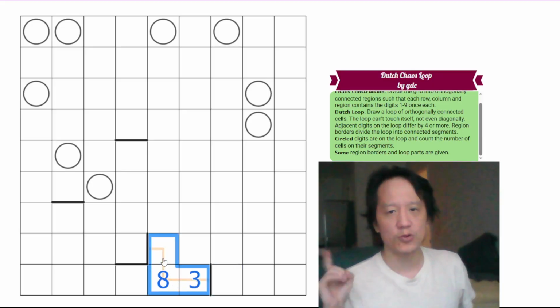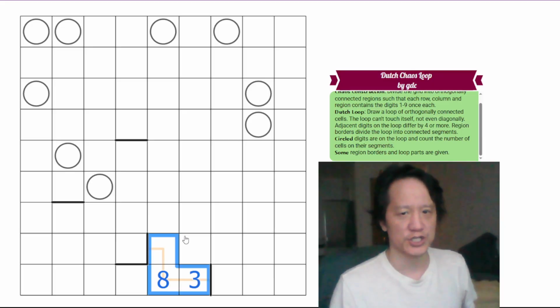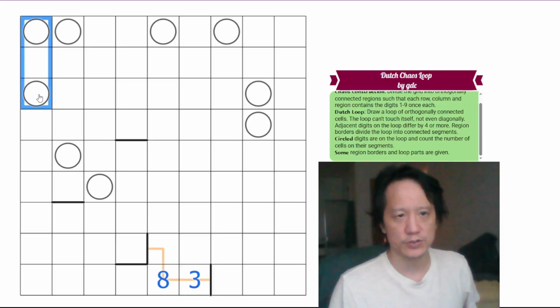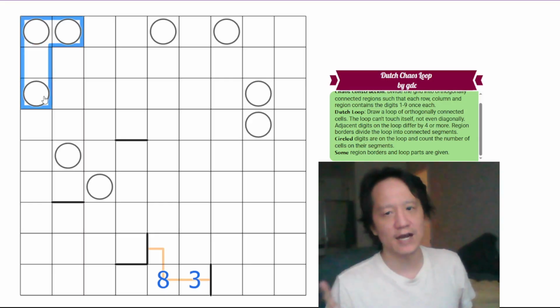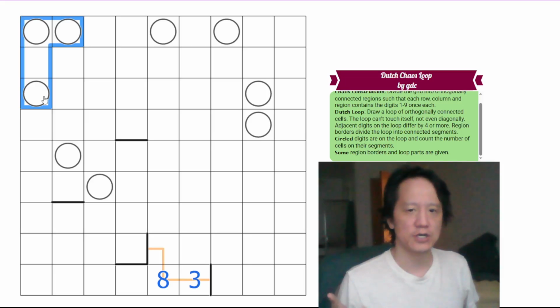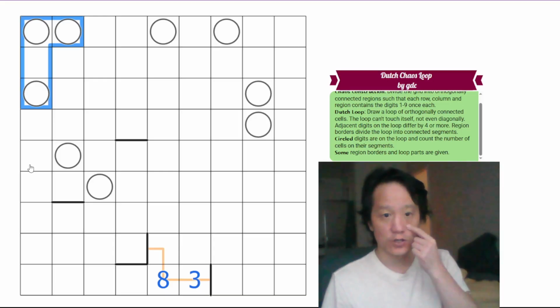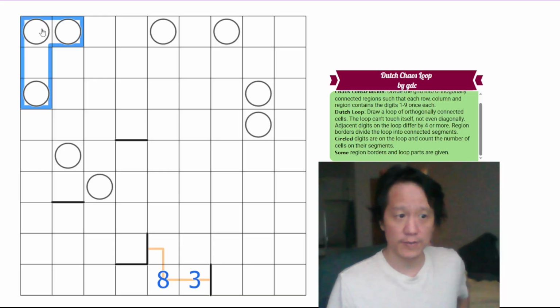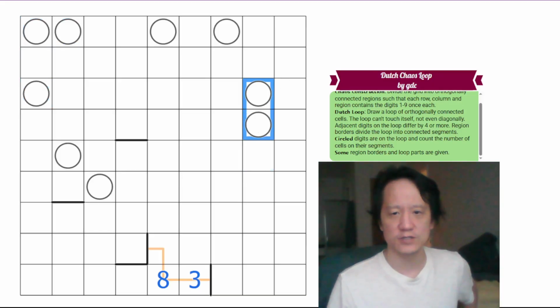And that's important because circle digits are on the loop. So these are guaranteed to be on the loop. And they count the number of cells on their segments. So, for example, say these two are connected, right? Well, okay, it's kind of solving it too.